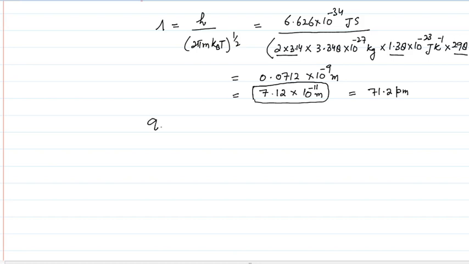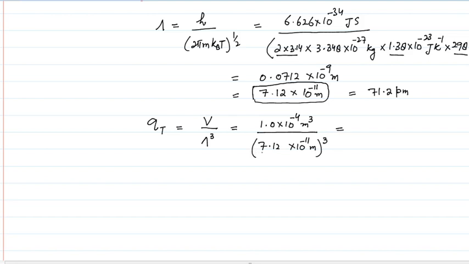That means translational partition function will be equal to volume upon the de Broglie wavelength cubed, which will be equal to: volume is already given, we have changed that into meters, so it will be 1.0 into 10 raised to power minus 4 cubic meters divided by 7.12 into 10 raised to power minus 11 meter, but it is whole cube.